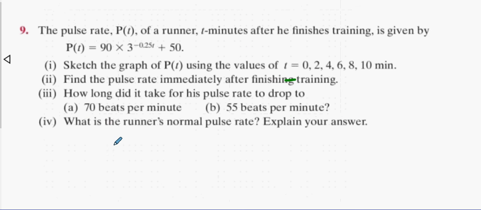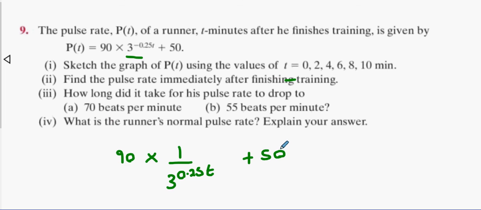Well, look at this. You can say when this number gets bigger, what does 3 to the power of minus 0.25t mean? It means 1 over 3 to the power of 0.25t, plus 50, okay? What happens when t gets really, really big? What happens when t is worth a couple of thousand? What will that mean?